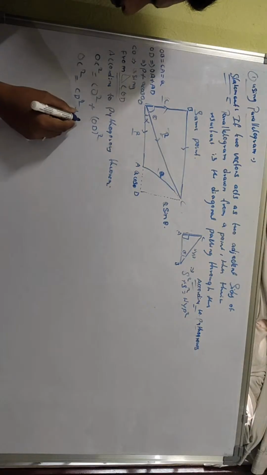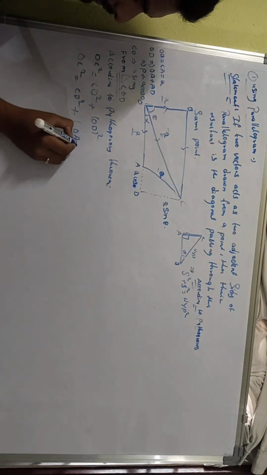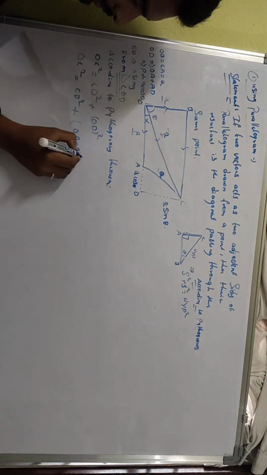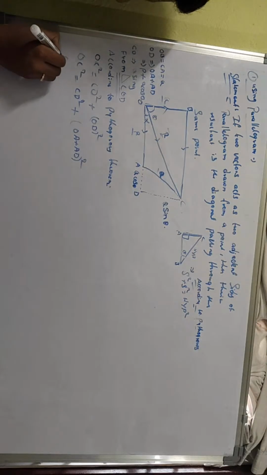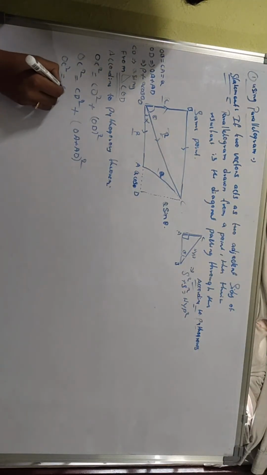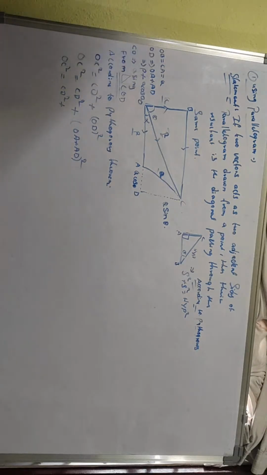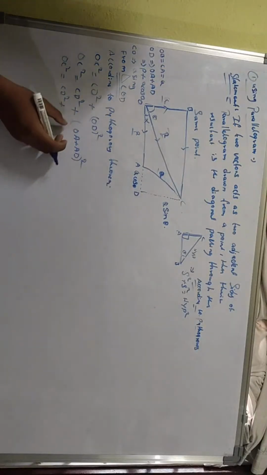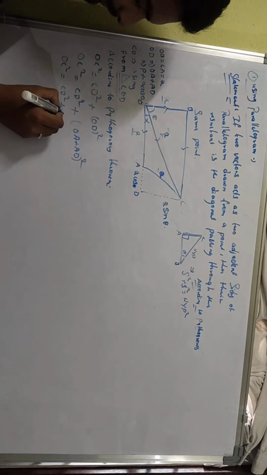So CD square stays, and OD means OA plus AD whole square. Again OC square is equal to CD square plus OA plus AD whole square. Clearly this is in the form of A plus B whole square. What is the formula of A plus B whole square?